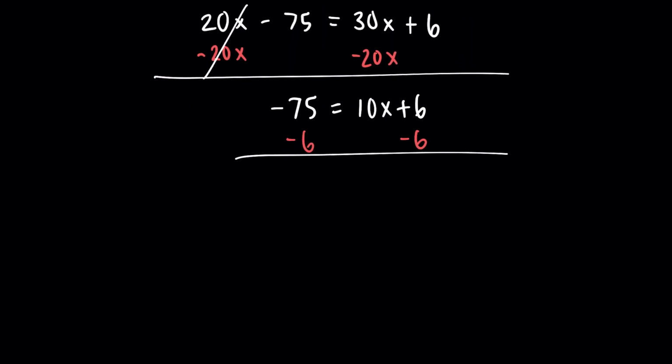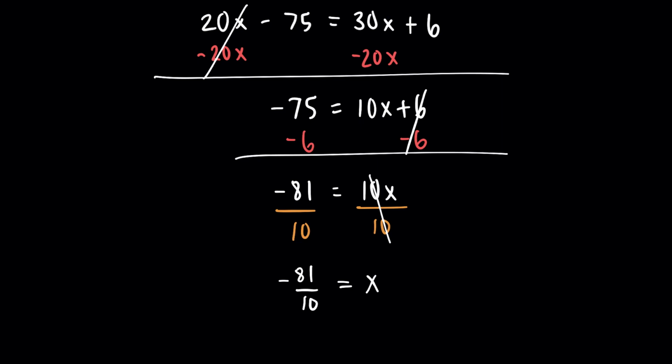I'm going to end up with 10x on the right equal to negative 75 minus 6, that would be negative 81. And then from here, we will divide by 10 on both sides. So you're left with x is equal to negative 81 over 10. I'm cool with that as a solution. Some teachers would rather you put negative 8.1, but I'm cool with that as a solution.